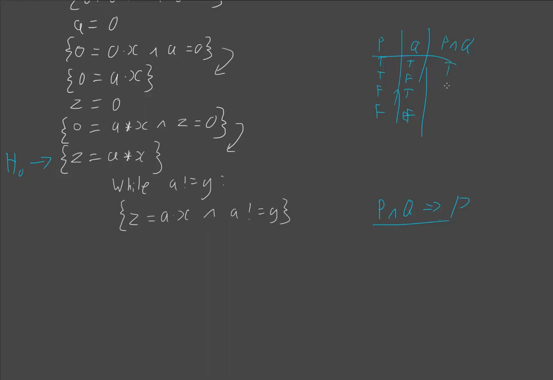Then you get, obviously, the result true here and false for the rest. There are no situations where this is true, where Q isn't true, or P isn't true for that matter. So also P and Q implies Q as well. That's just two sides of the same coin. So all of that means is that if you've already proven two things, you're allowed to also claim that you've proven one of them.